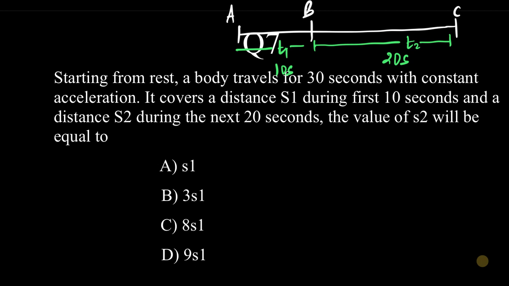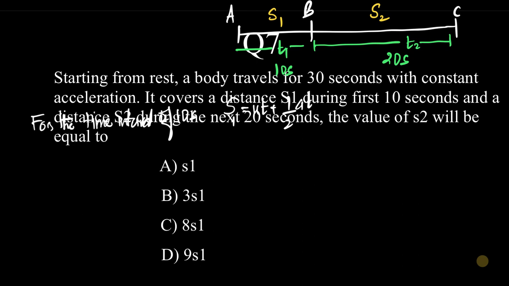Also, it's given that the displacement during the first time interval is s1 and the displacement during the second time interval is s2. Now, if we analyze the path, for the time interval of 10 seconds, we can say that s1 is equal to ut1 plus half a t1 square.